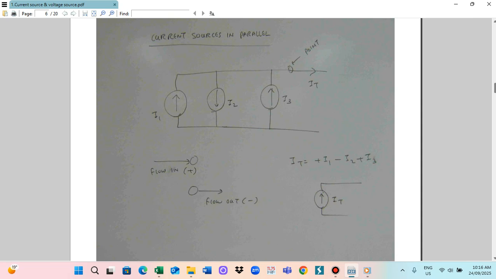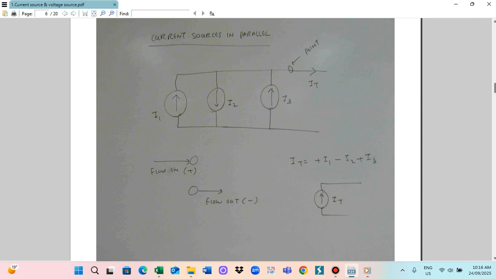So you see the current directions. I1 is flow in, I2 is flow out, I3 is also flow in. So then you can calculate the current ID here. ID is equal to I1 flow in, so positive I1; I2 is flow out, negative I2; I3 flow in, positive I3.